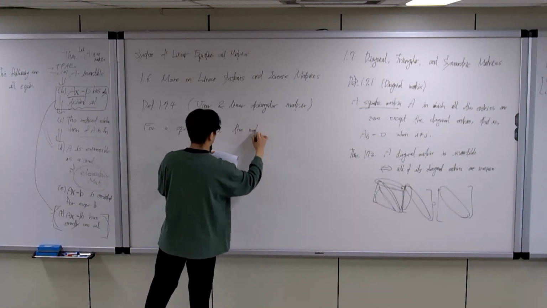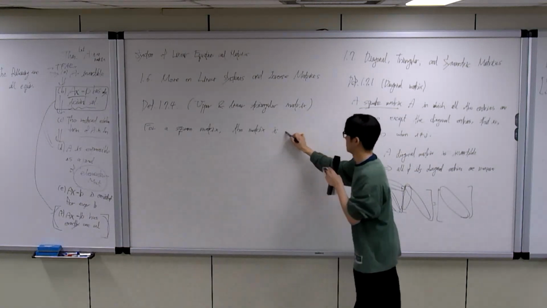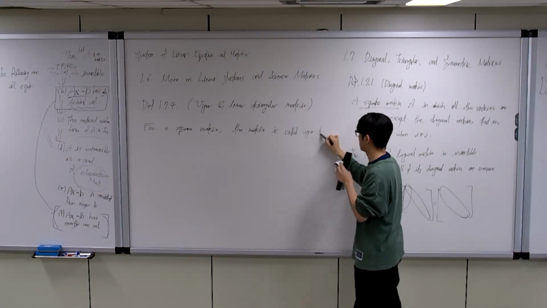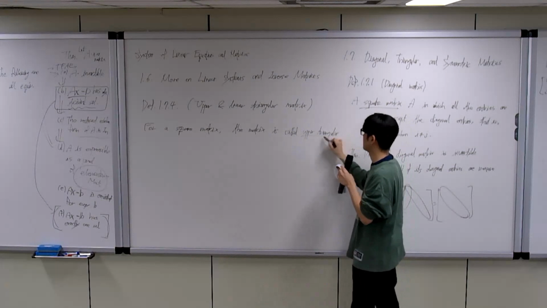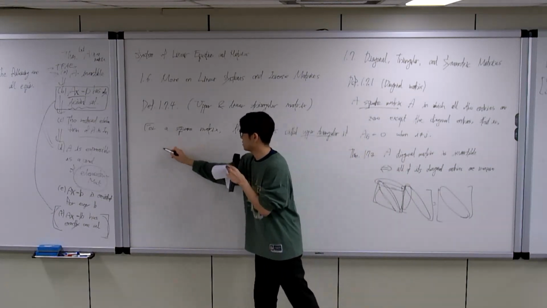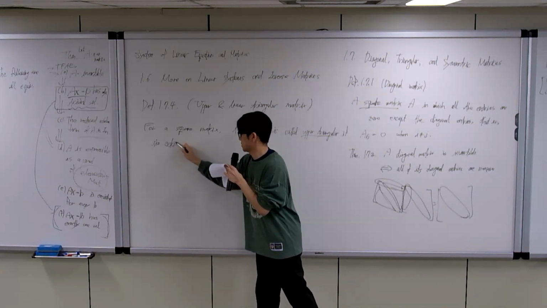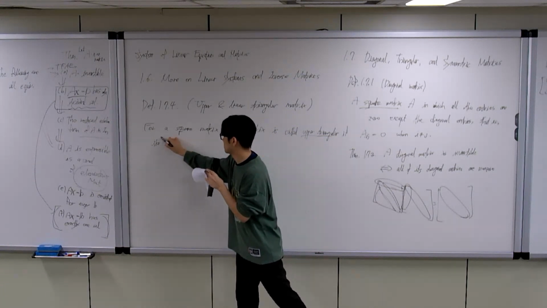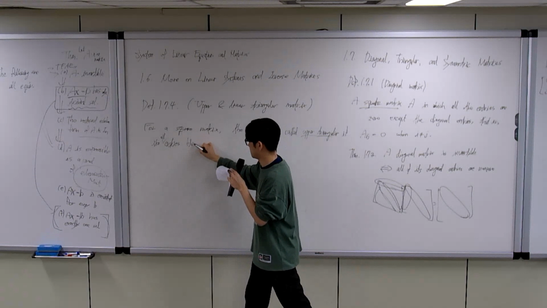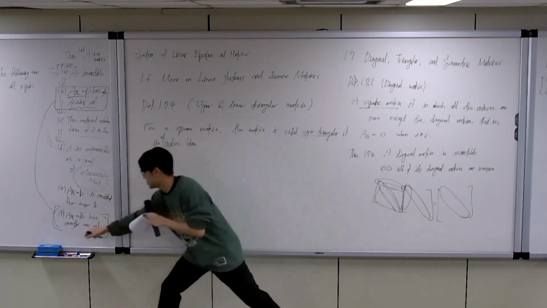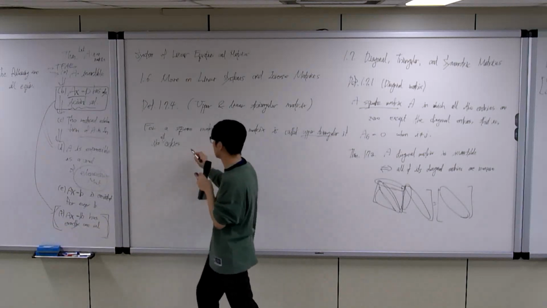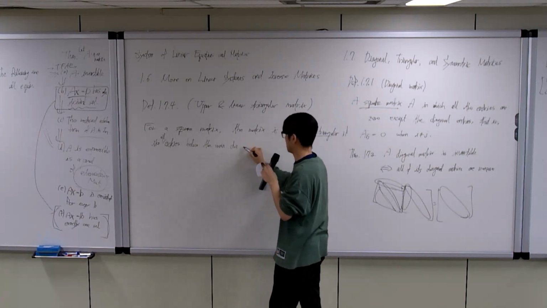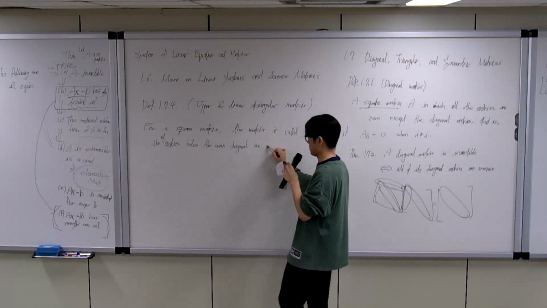The matrix is called upper triangular if all entries below the main diagonal are all 0.